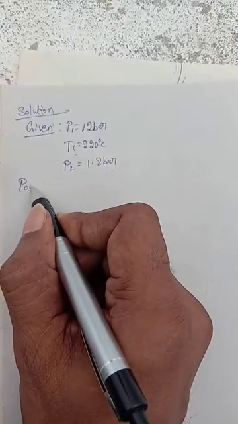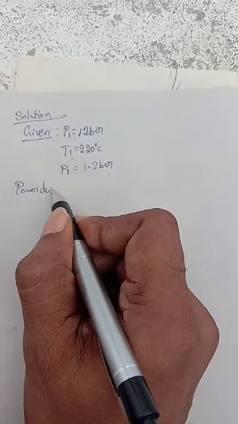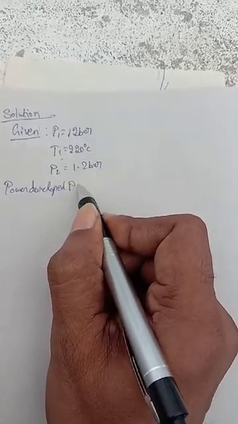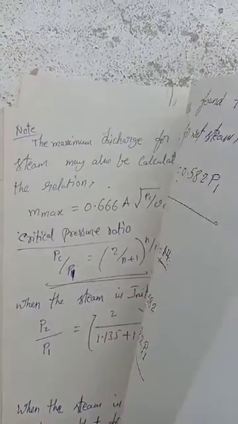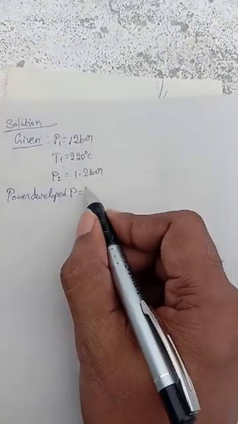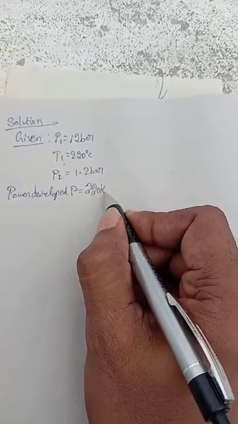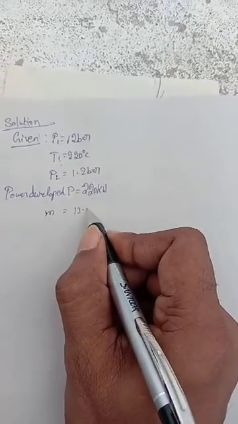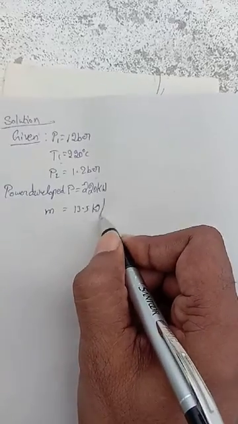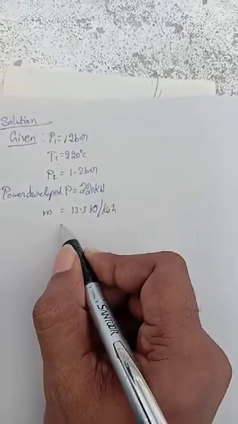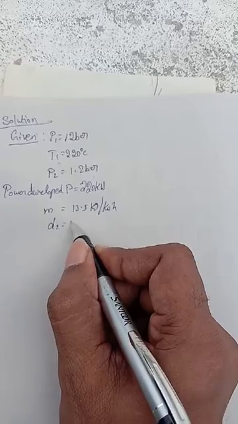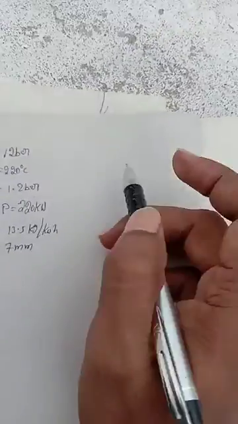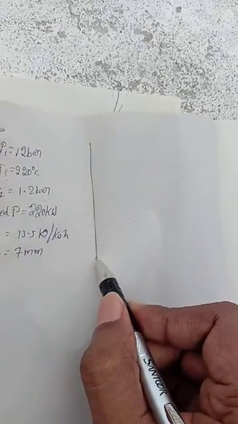And now power developed, capital P is equal to 220 kilowatt. Now m is equal to 13.5 kg per kilowatt hour. Now D2 is given, diameter of throat. So before we solve this problem, we draw the HS diagram in here.